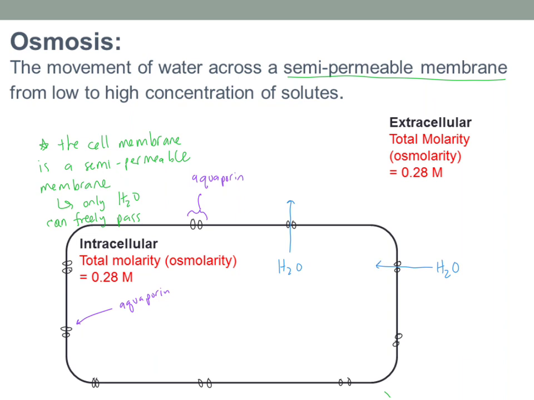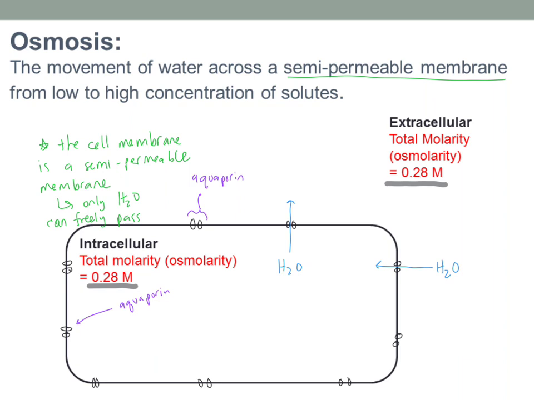And the normal concentration in a red blood cell, for example, the concentration of solutes here is going to be about 0.28 molar. That's the total molarity or the osmolarity of all the different solutes, all the things that are dissolved in the intracellular fluid. And ideally, outside of the cell in the extracellular fluid, it's the same concentration, also 0.28 molar.